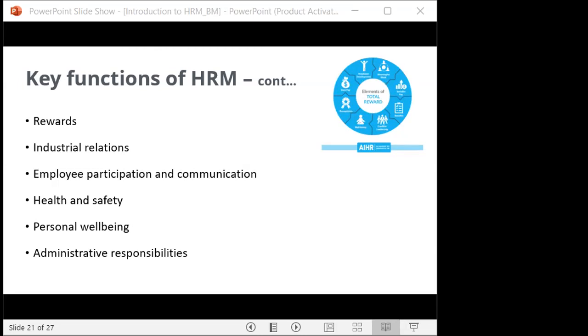Last one, administrative responsibilities.